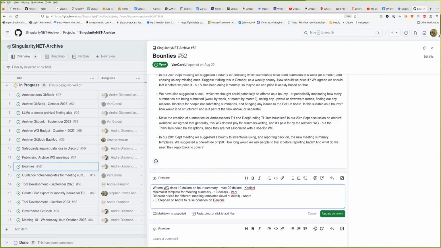We've also got other bounties in that list, like going through and checking what meeting summaries have been submitted and analysing that, and incentivizing using and reporting back on the meeting summary templates. So maybe as our first foray into bounties, we just do the documentation ones. And then if they go well, we have the others before the end of the year.